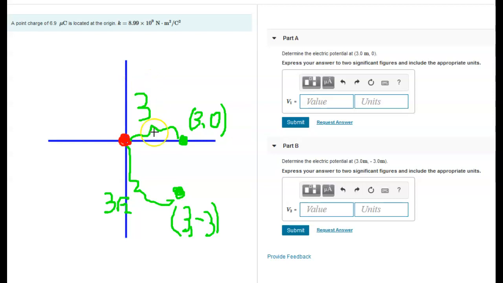On the other hand, if my location is (3, 3), I have to use a little bit of trigonometry because I know that this is 3, this is 3. So the actual distance that I want to be using is this hypotenuse here, which would be a distance of 3 root 2. So in this case, we would have a larger distance for the point at (3, 3).